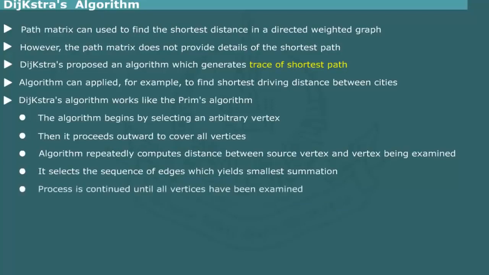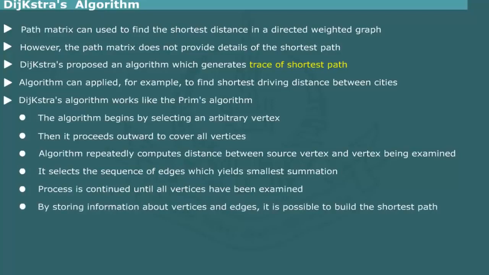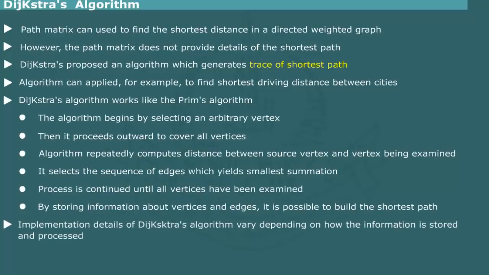This process is continued until all the vertices have been examined. By storing the information about the vertices and edges selected, it is possible to create the shortest path between any vertices. The implementation details of Dijkstra's algorithm can vary depending on how the information pertaining to the vertices and edges is stored and updated at each step.